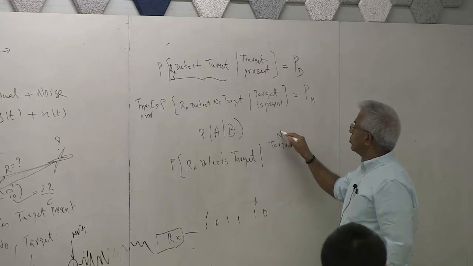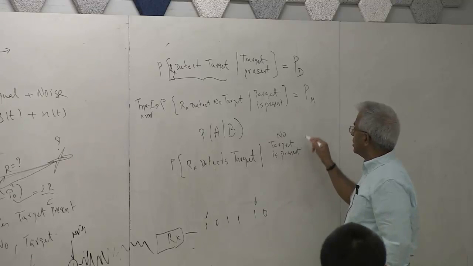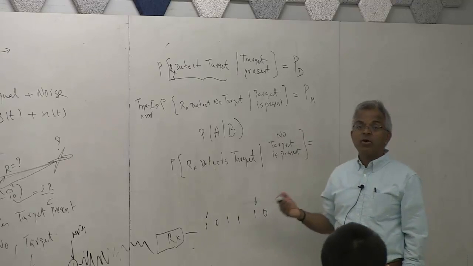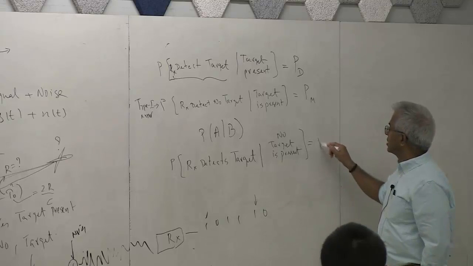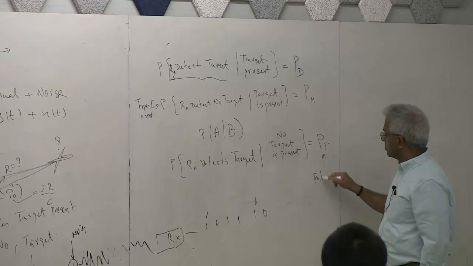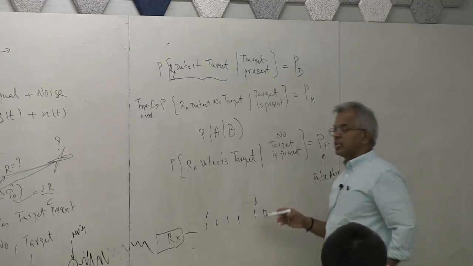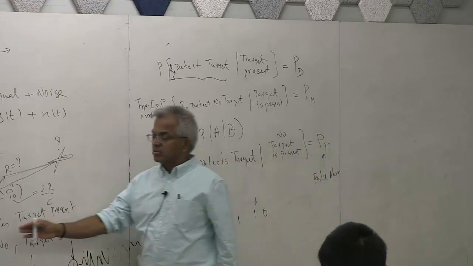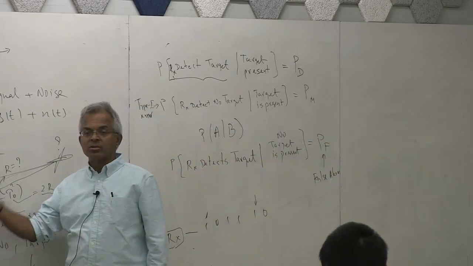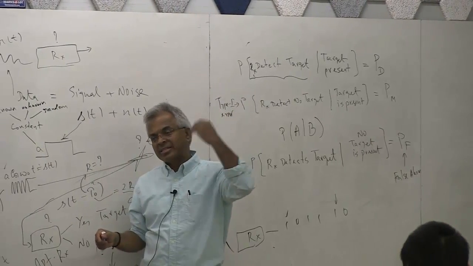So this is when no target is present. When there is no target, if the receiver says target is present, that's a false detection. In radar at least, this is known as the probability of false alarm. If you think of a radar situation, you process some data and then you say, look, there is a target coming, so you start shooting and there is no target.